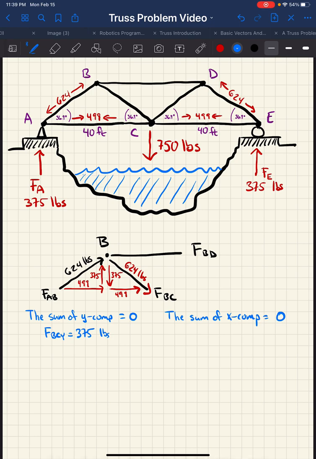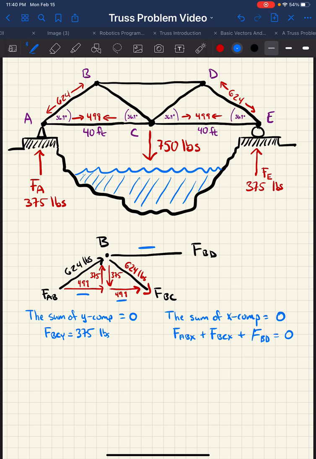Well, that means FABX plus FBCX plus FBD is 0.